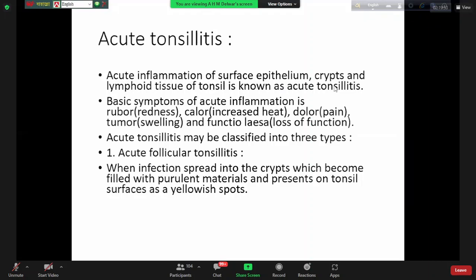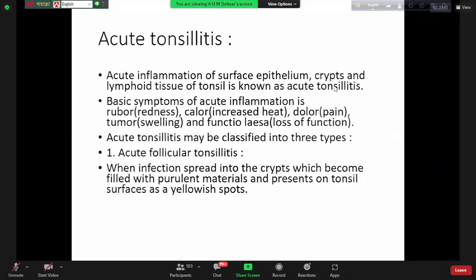So you should have the answer. In acute follicular tonsillitis, the infection spreads into the crypts, which become filled with purulent material and present on the tonsil surface as bluish spots. Purulent material means pus-like things. Pus is present in the tonsillar crypts like bluish spots.